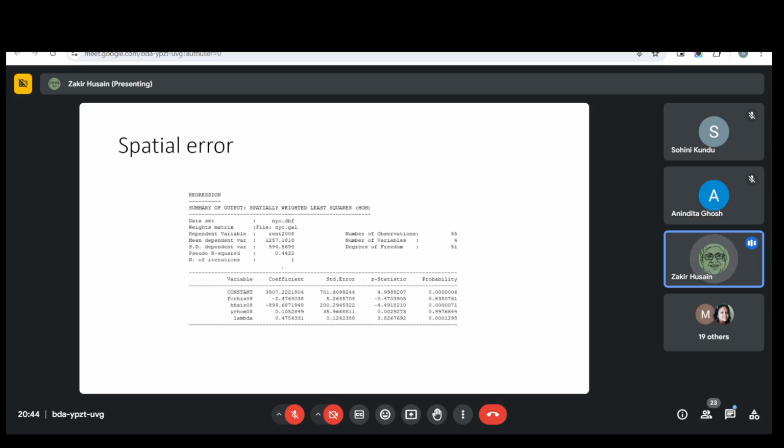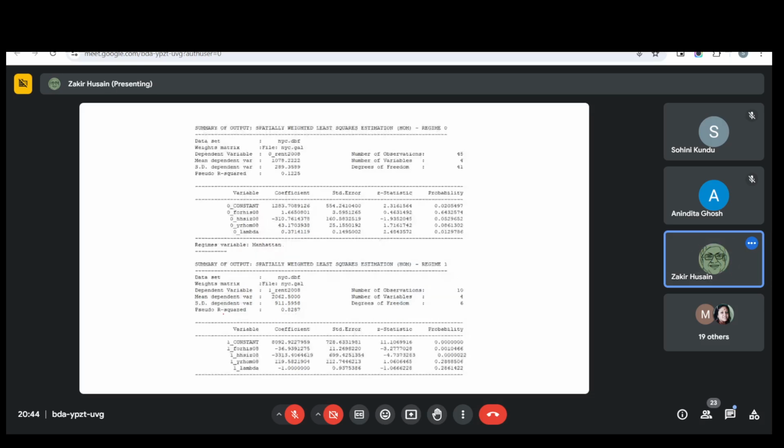This is the error model without regimes. So this is lambda. Again, when we estimate this, it is reported, I don't know why, in 2 sets. You can see all of them are 0. Sorry, I made a mistake. This lambda, however, will change.